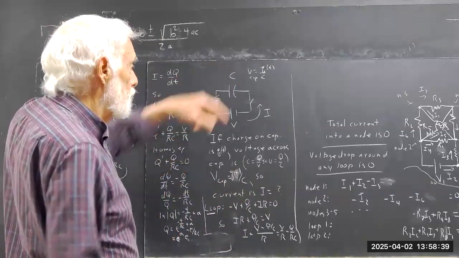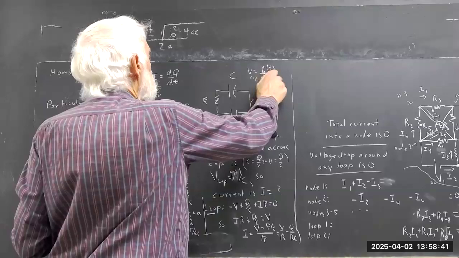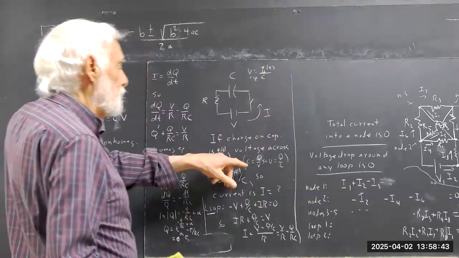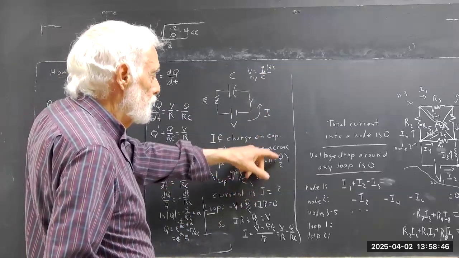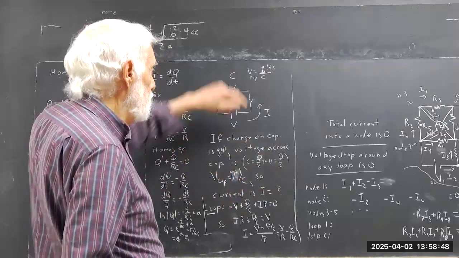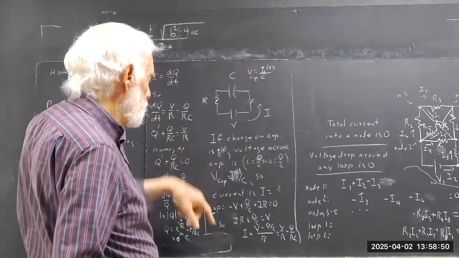Okay, so the voltage of the capacitor is Q of T over C. It's just because capacitance is Q over V, so voltage is Q over C, whatever Q happens to be.